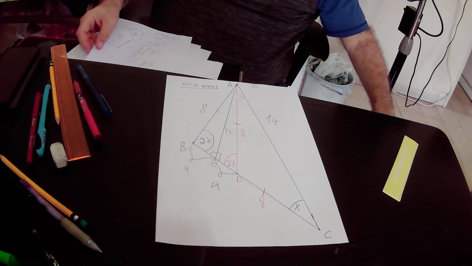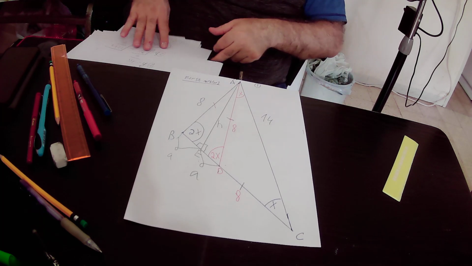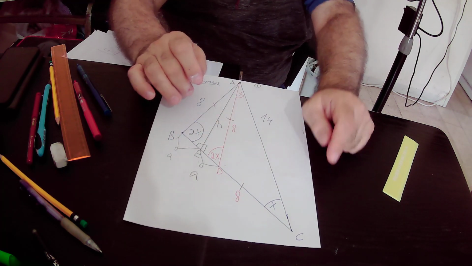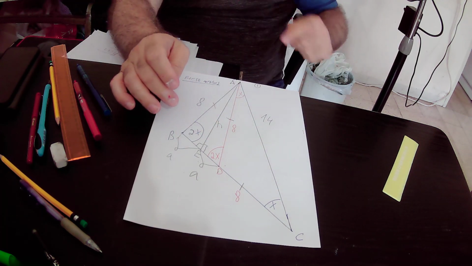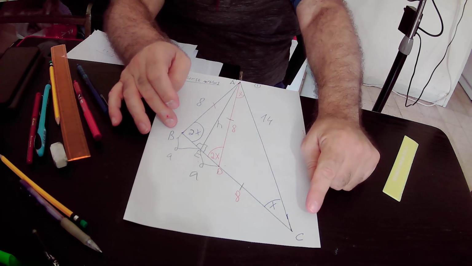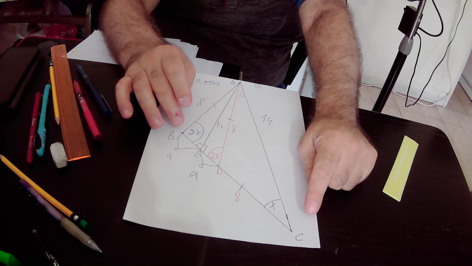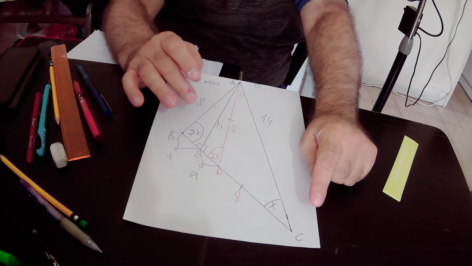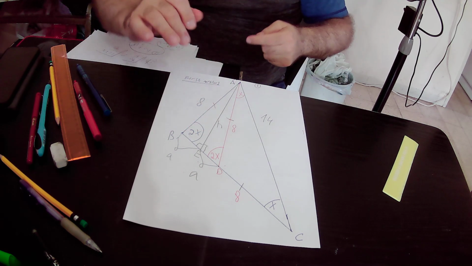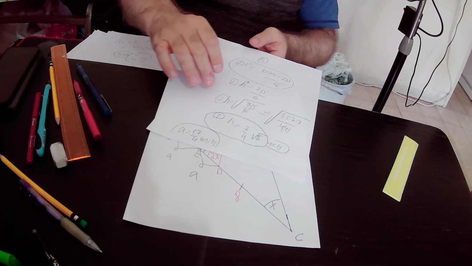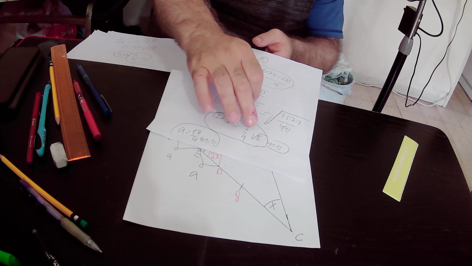So the area of triangle ABC equals the base of the triangle times the height over 2. BC equals 2a plus 8, and we have already found out that h equals 7 over 4 times root 15 units.